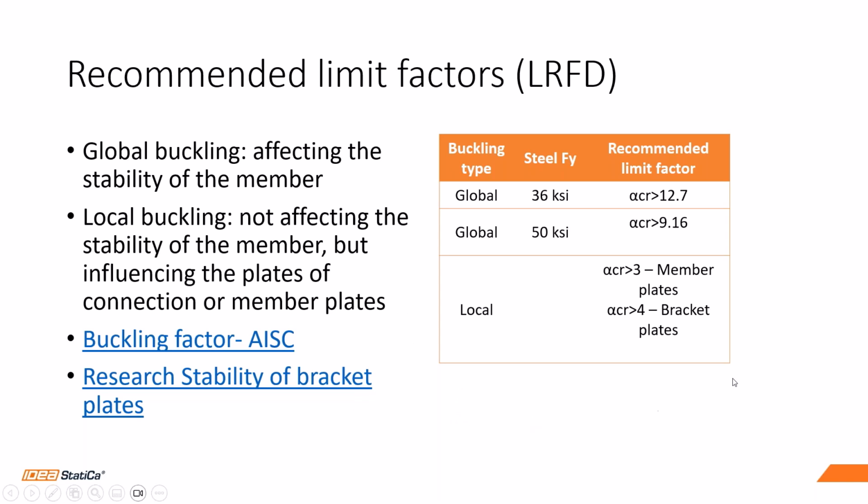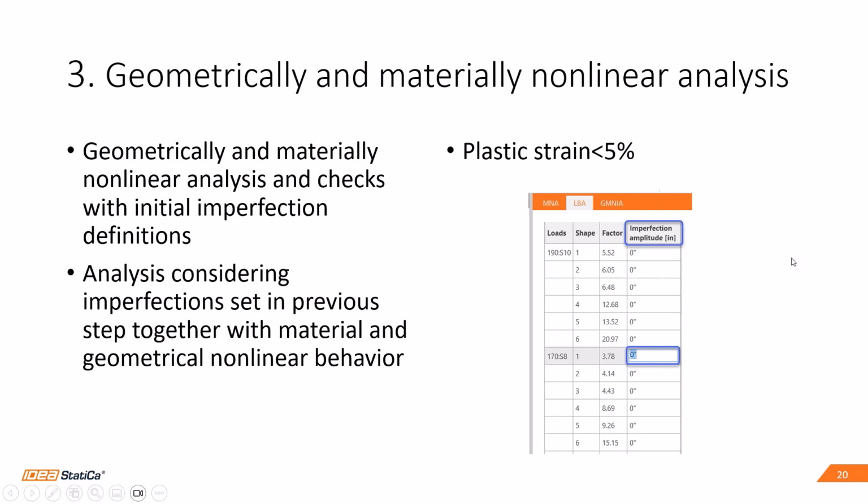This follows the same process of reviewing buckling analysis in IDEA StatiCa Connection. It is similar because we're talking about steel, right? The only thing you will need to review is whether this is a global or local issue. But what if this factor is below the limit?